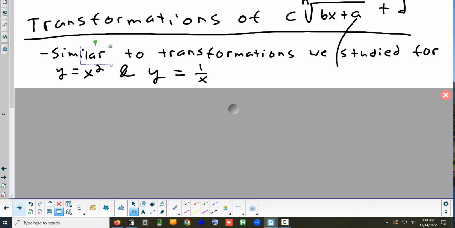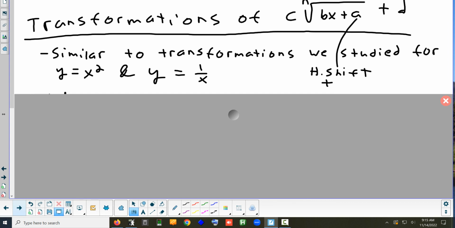Manny? Horizontal. That's your horizontal shift. And remember, positive is going to move you which way? Well, positive is going to move you left. And negative is to the right. Okay, so that's A.